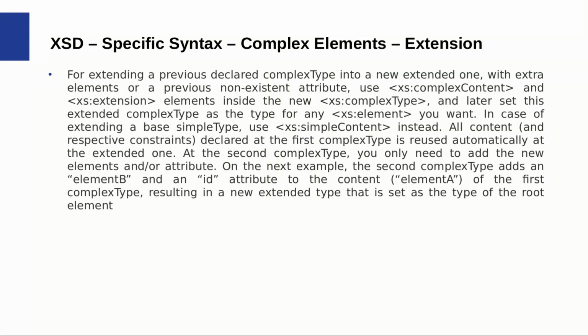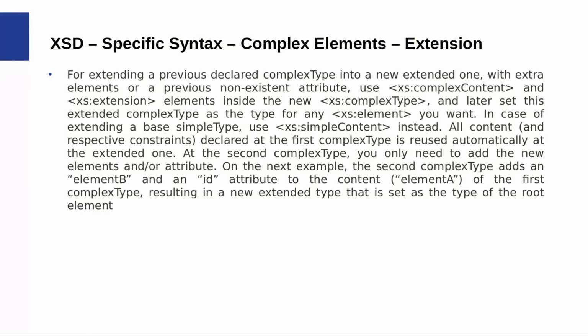Now, before we see the kind of content each complex type will have at our document and document instances, let's first see 2 important elements, which are the extension element and the restriction element.